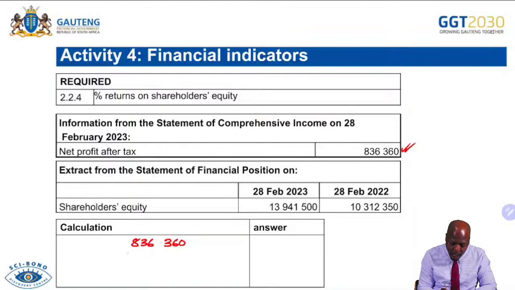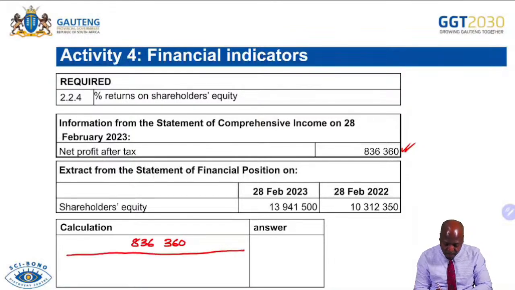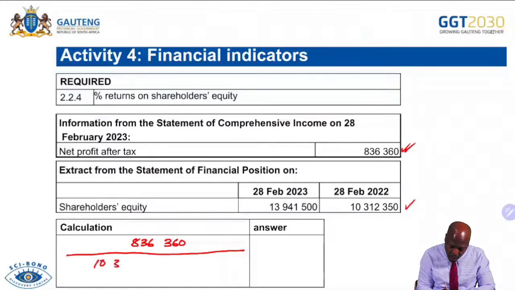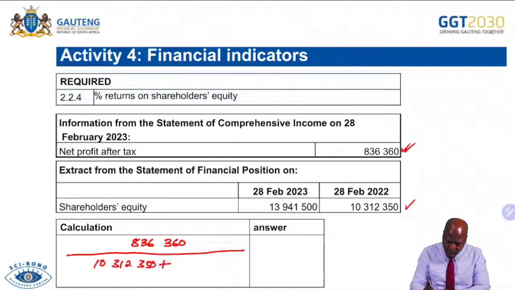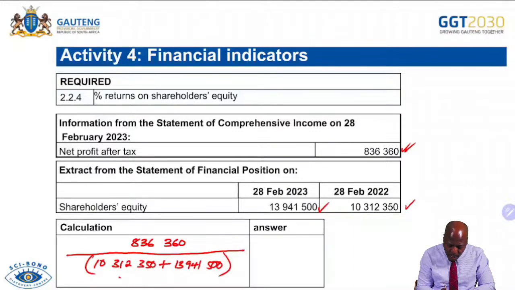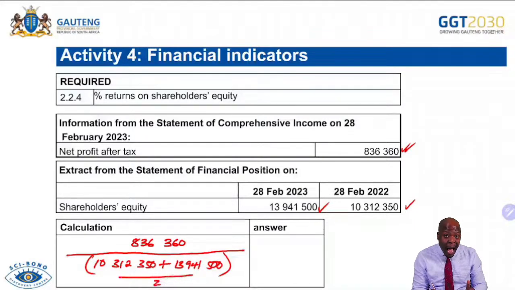And it is return on shareholders' equity, so I need my average shareholders' equity. To get average shareholders' equity, I'm simply saying the opening equity, which is 10,312,350, plus the closing amount, which is 13,941,500. I add these two amounts and I divide by 2 because I need average.